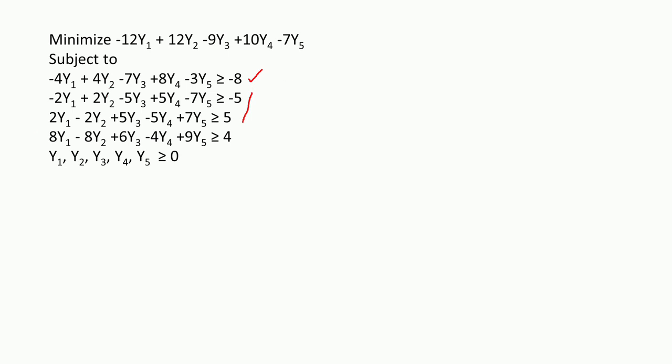So, if we multiply this first constraint with a minus 1, we would get 2y1 minus 2y2 plus 5y3 minus 5y4 plus 7y5 less than or equal to 5. The next one has the same left hand side greater than or equal to 5. We can merge these two and make them into an equation. So, we now do these two things.